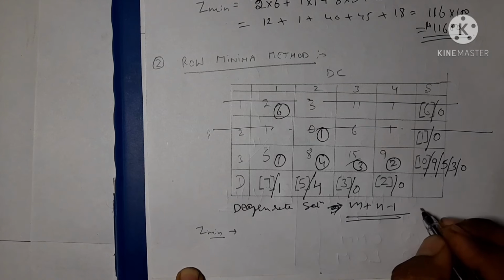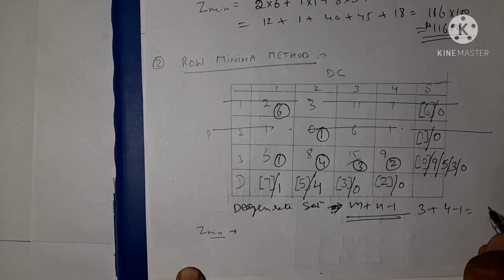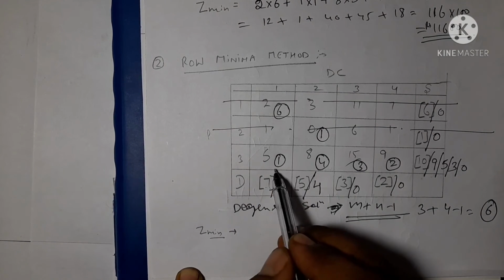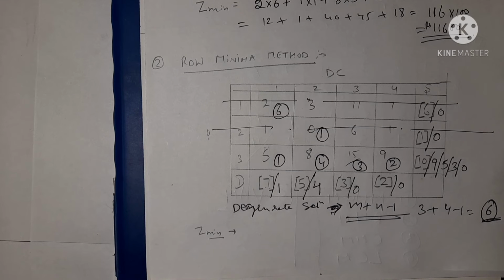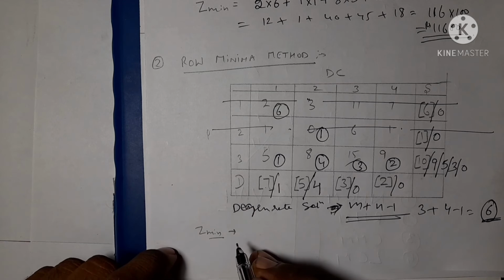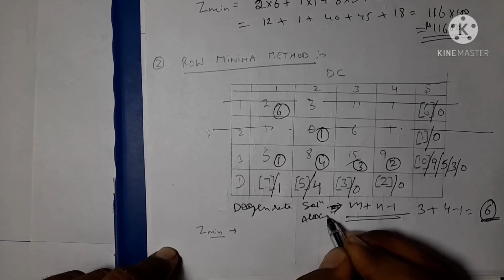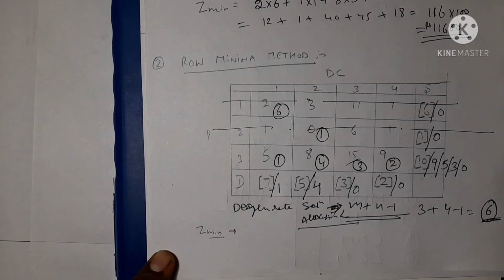Here the rows are 3, columns are 4, so m plus n minus 1, total allocations need to be 6. First allocation 1, 2, 3, 4, 5, 6. Total allocations are equal to m plus n minus 1. Hence it is a non-degenerate solution. If the solution is degenerate, then the allocations need to be less than m plus n minus 1.